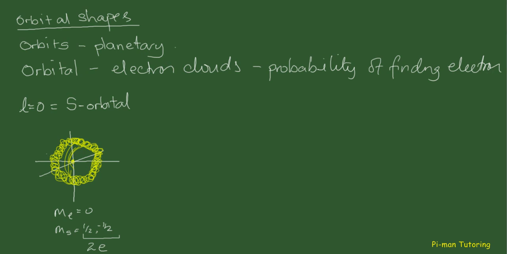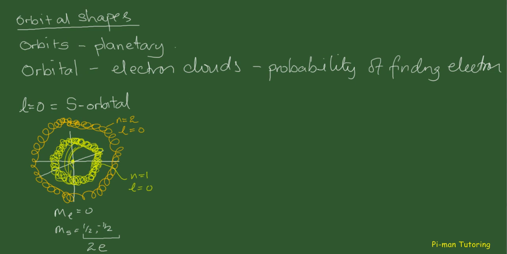And as the value of n increases, the size of the S orbital increases. The electrons spend more time further away from the nucleus when n is larger. So we can think of this orange as n equals 2, L equals 0, whereas the yellow would be n equals 1, L equals 0.